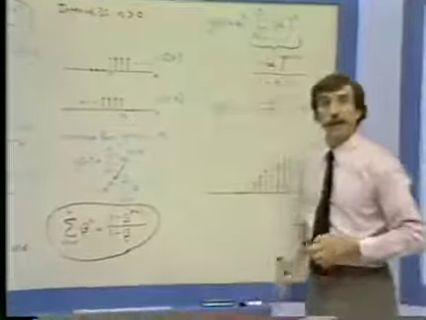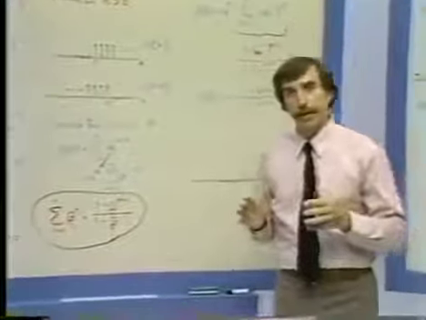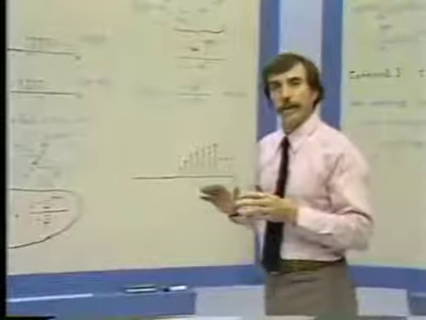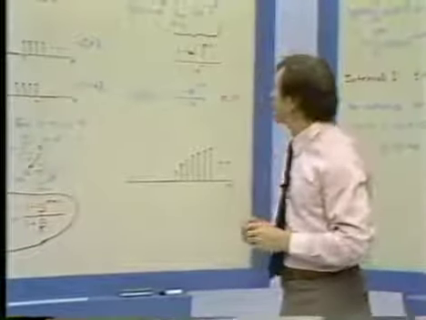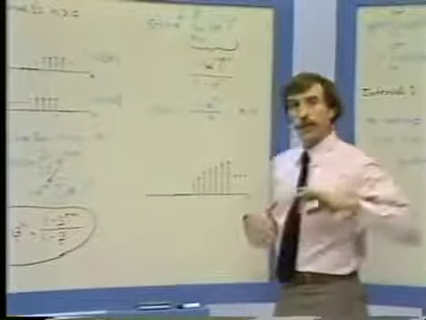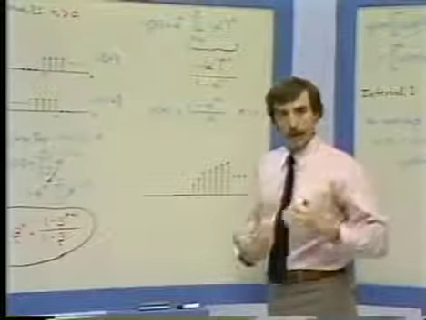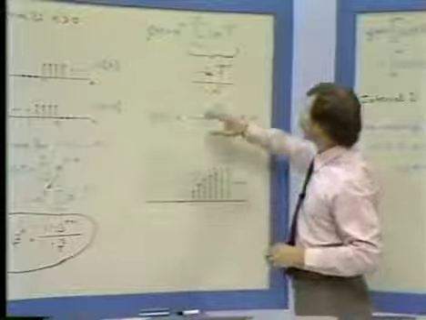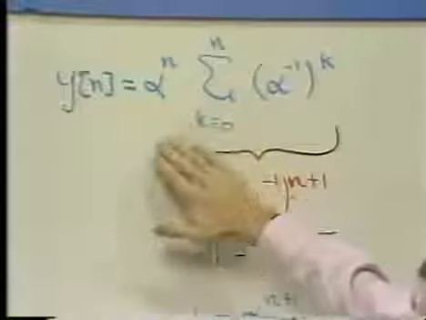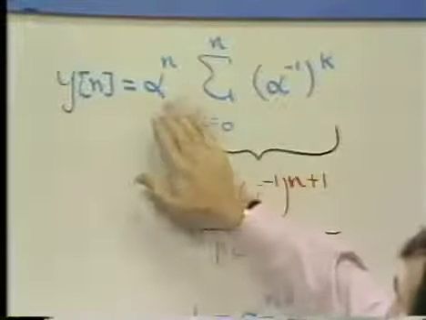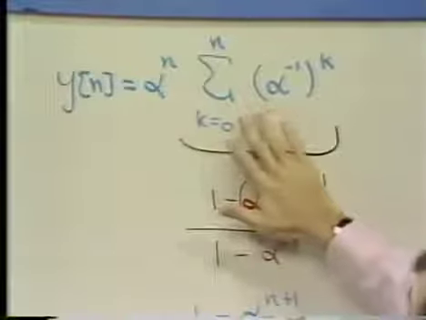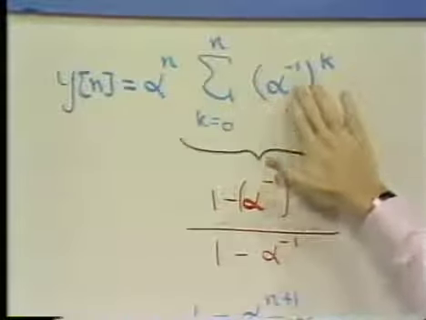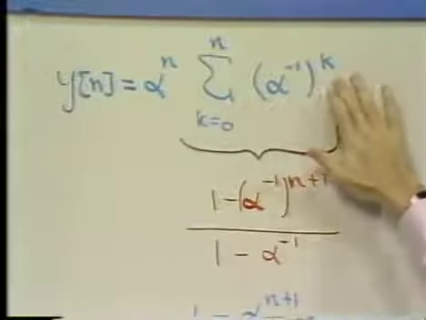Okay, well, we can now use that summation in the expression that we just developed. And so let's proceed to evaluate that sum in closed form. So we now go back to the expression that we just worked out. Y of n is alpha to the n, the sum from 0 to n, alpha to the minus 1 to the k.